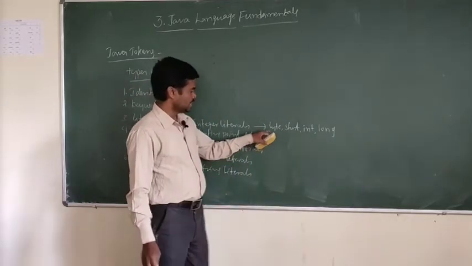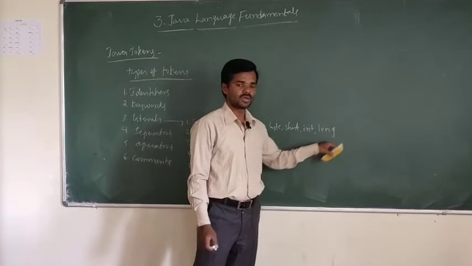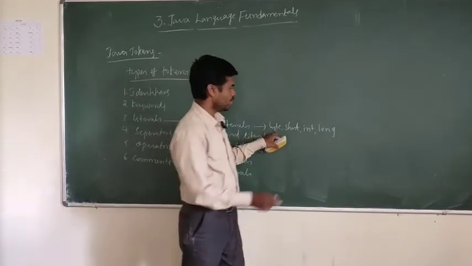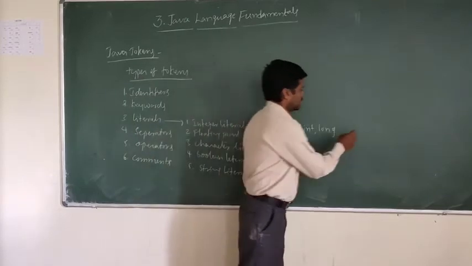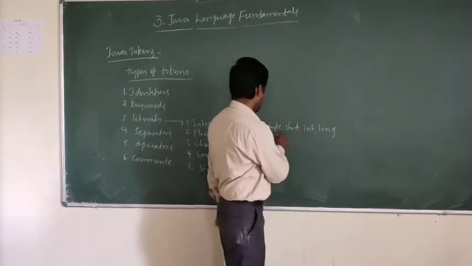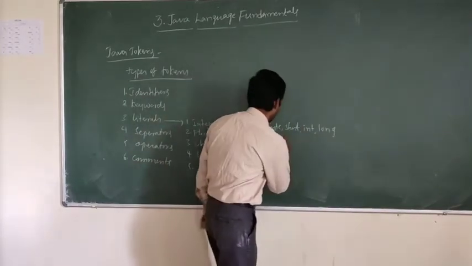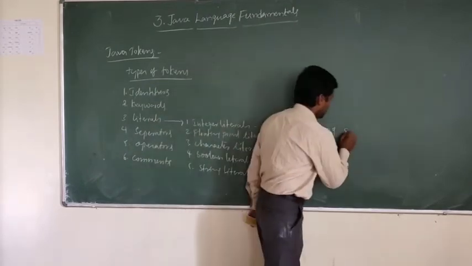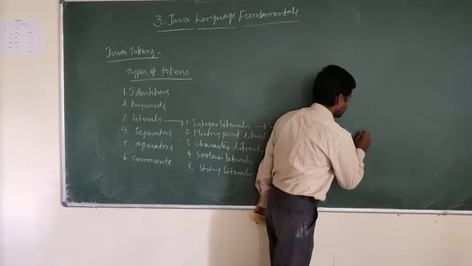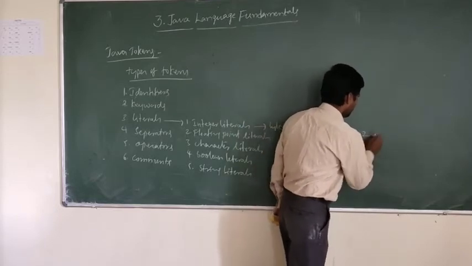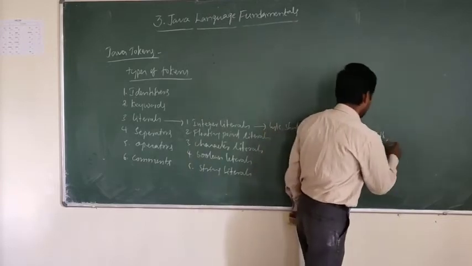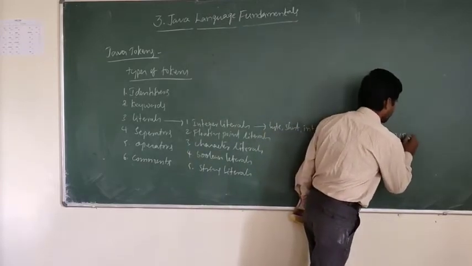Even while defining the literals, we can also give a particular type suffix. For example, if you want to define a byte, you can give it like this: 21B. Or for short, 21S.